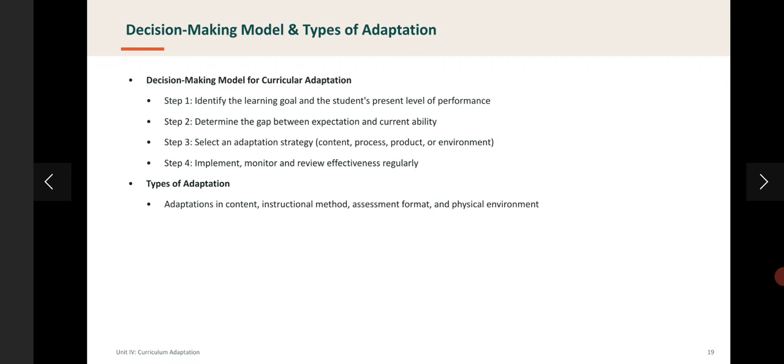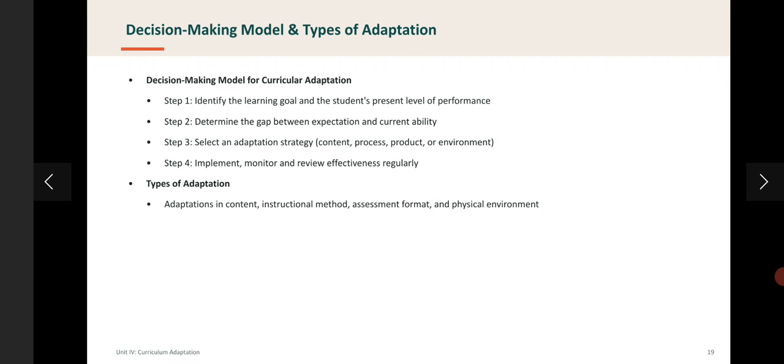Example: reduce the number of social studies terms a learner must learn at any one time, and give more practice activities or worksheets. In terms of time, individualize a timeline for completing a task. So this is how we have to make it. We have to find the strategy and make it.